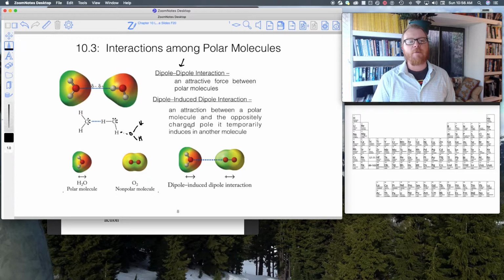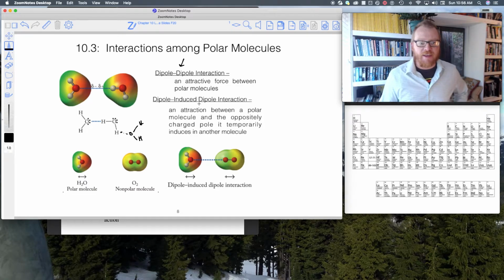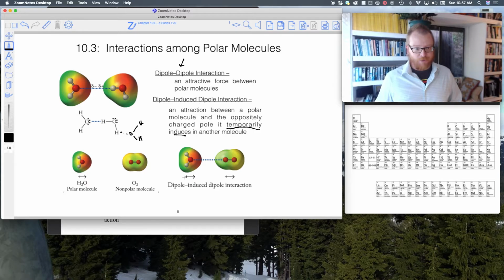So we have another type of interaction, the dipole-induced dipole interaction, and it is exactly what you might think it is. It's an attraction between a polar molecule and the oppositely charged pole it temporarily induces in another molecule. So for example, if we look at water and oxygen, as it turns out, they interact quite strongly, okay?